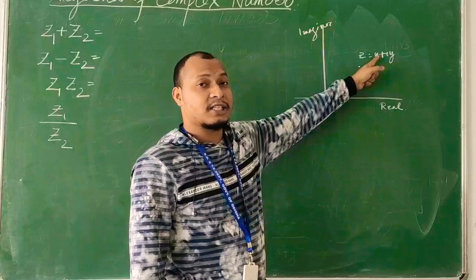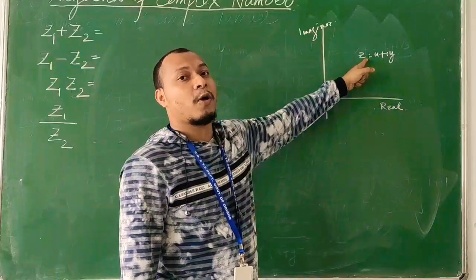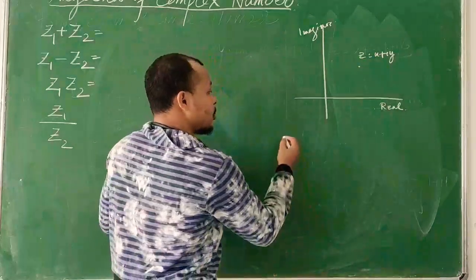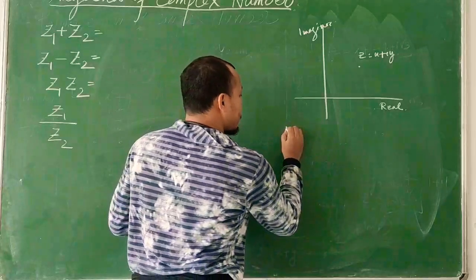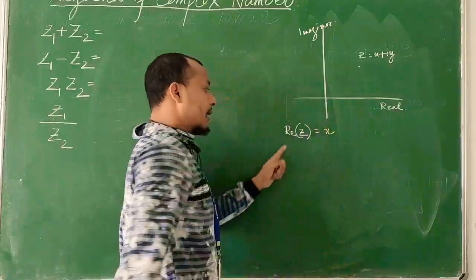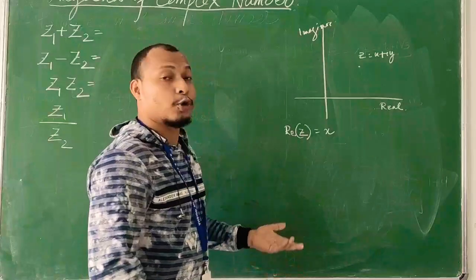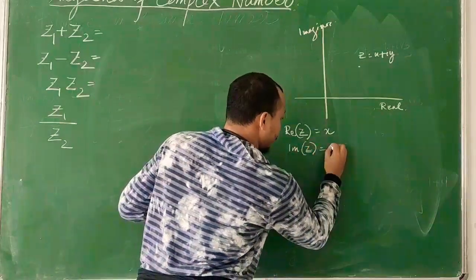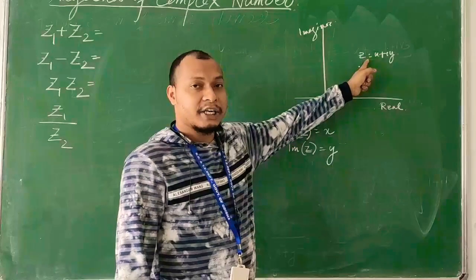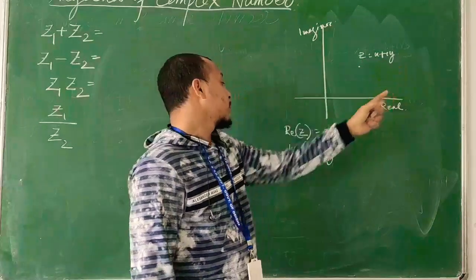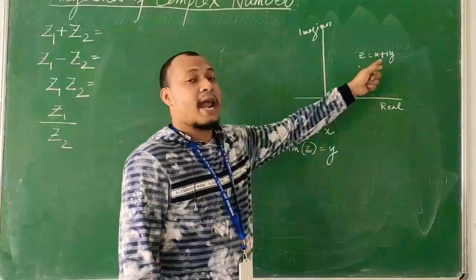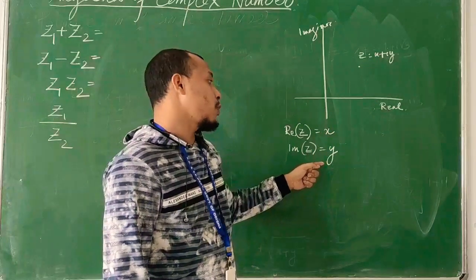What is x? x is nothing but the real part of the complex number Z. So real part of Z is equal to x, and imaginary part of Z is equal to y. So here Z is equal to x plus iy, real part of Z is x and imaginary part of Z is y.